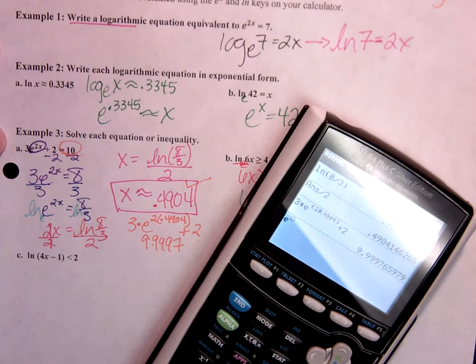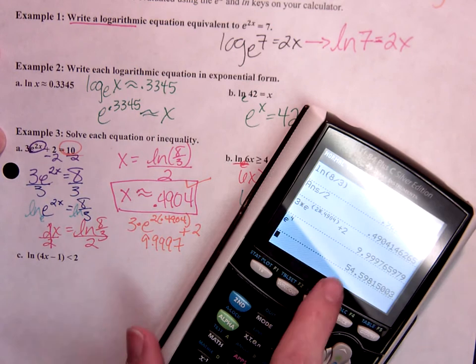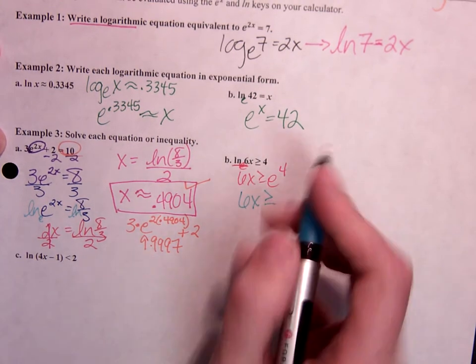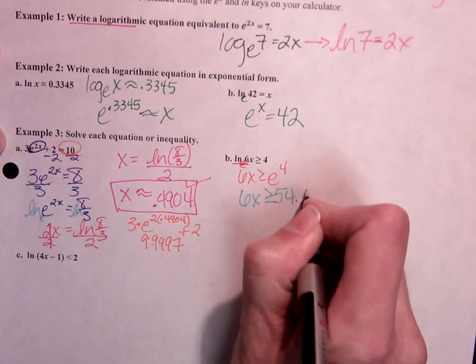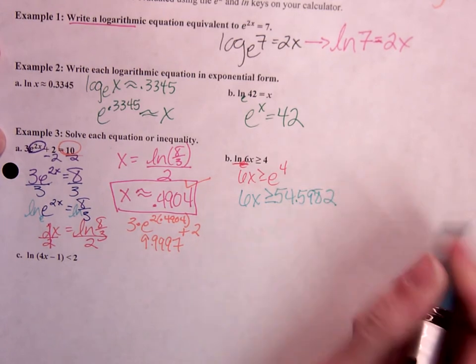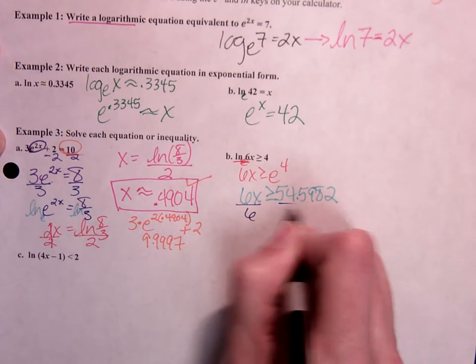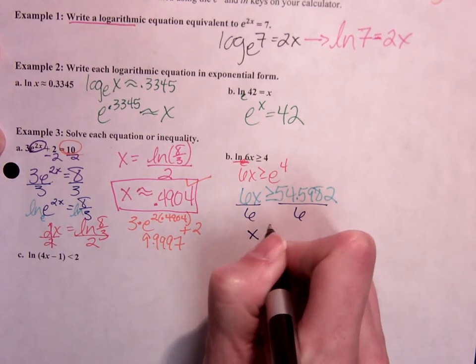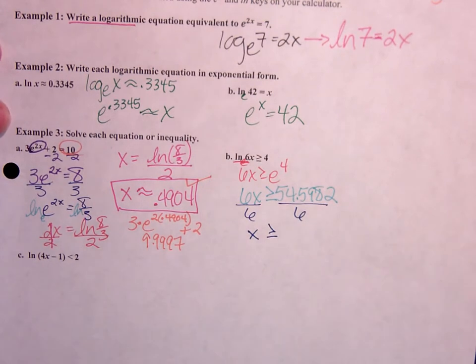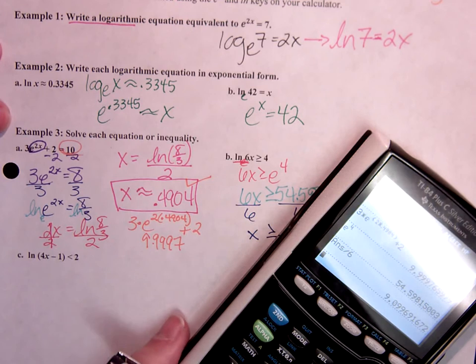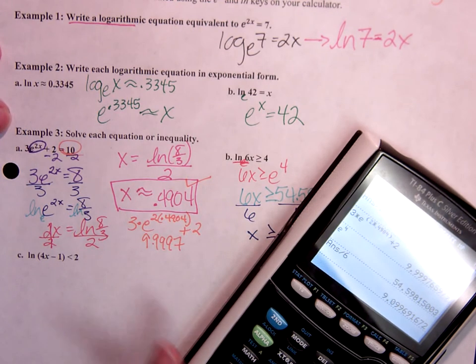E to the 4th power is 54.5982. Divide by 6. X is greater than or equal to, we'll divide that by 6, 9.0997.